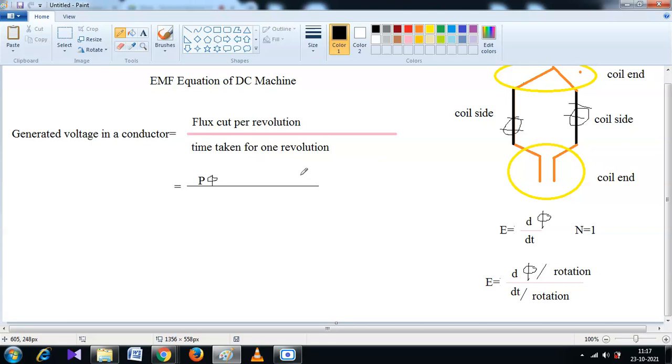And what is small n? Tell me what is small n? Speed of rotation of the armature in RPS, that is, revolutions per second. एक सेकंड में कितना बार घुमा वो?